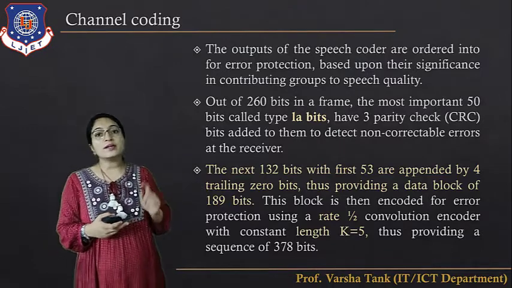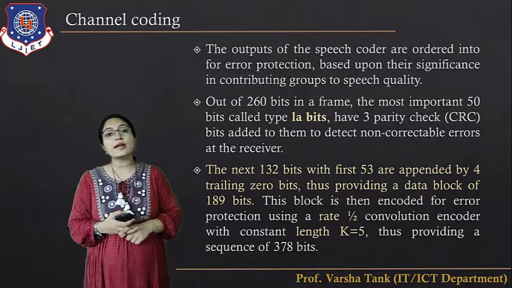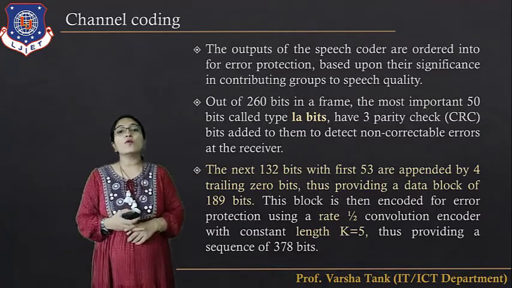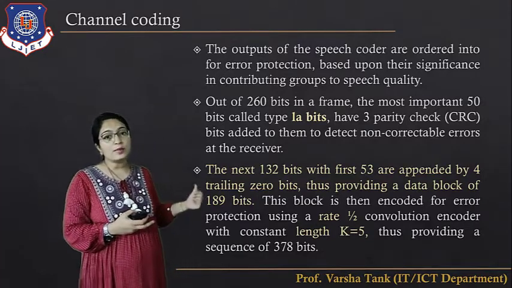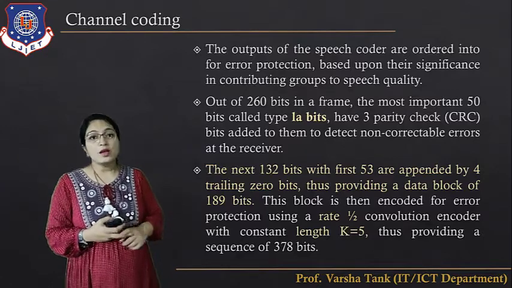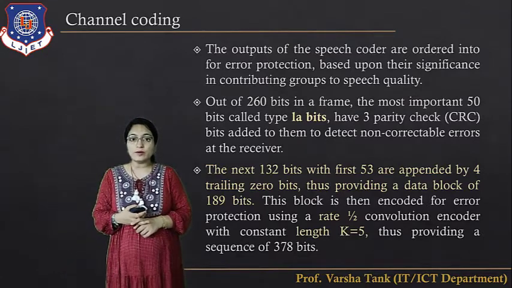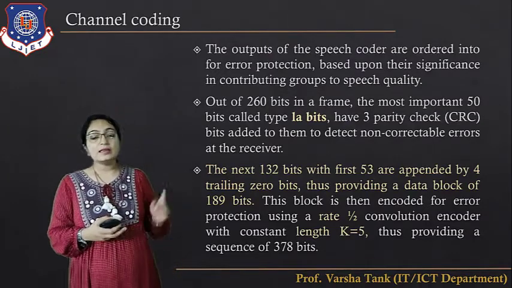The next 132 bits, together with the first 53 bits, are appended by 4 trailing zeros. This provides a data block of 189 bits. This block is then encoded for error protection using a rate half convolutional encoder with constraint length K equal to 5. It provides a total of 378 bits in this channel coding.